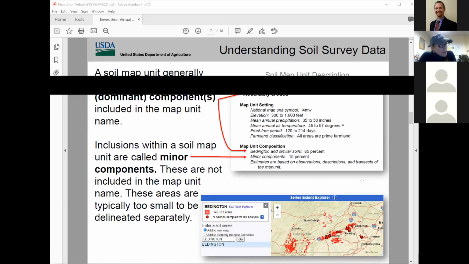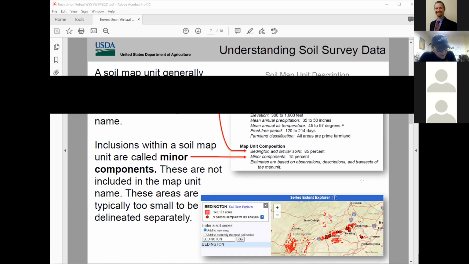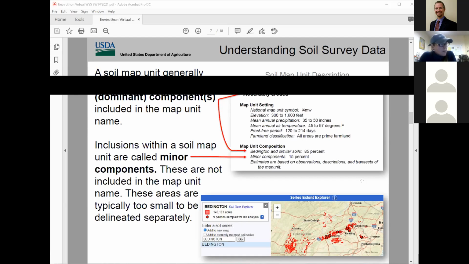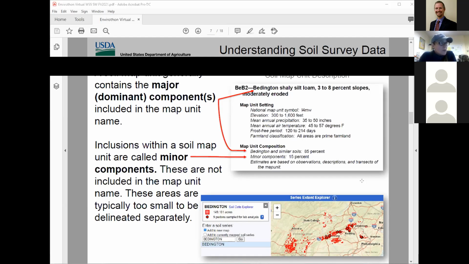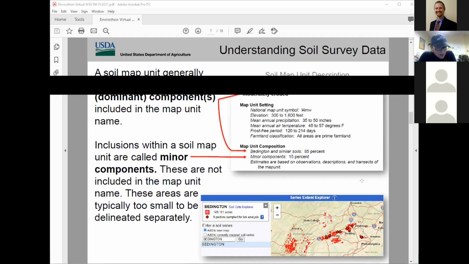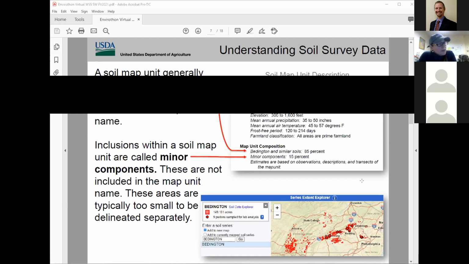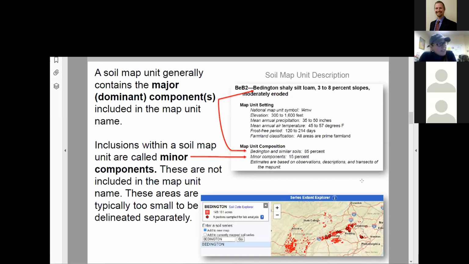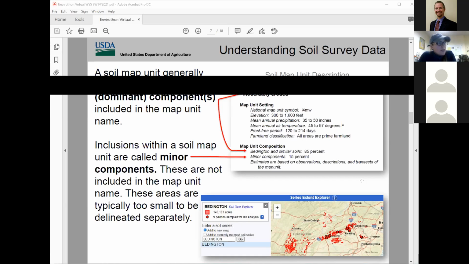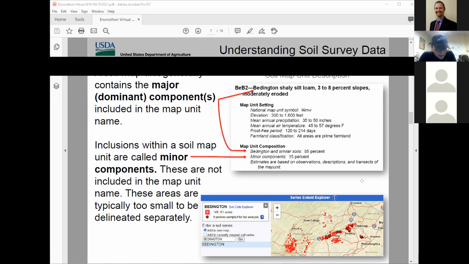Under the soil map unit description, we find the soil map unit symbol, the BEB2, right? We have the soil map unit name, and that name lists Beddington, which is a series. I'll get into what a series is in the next slide.